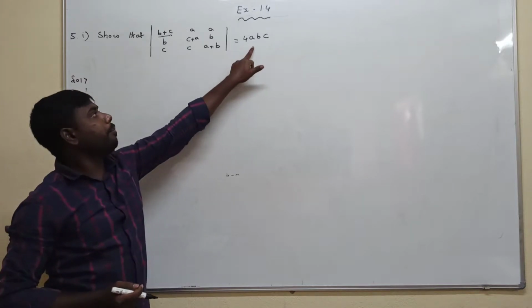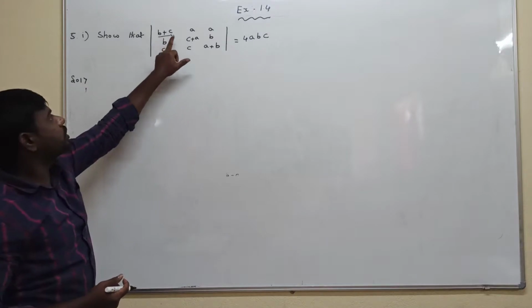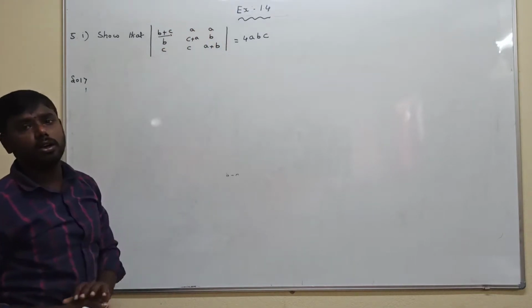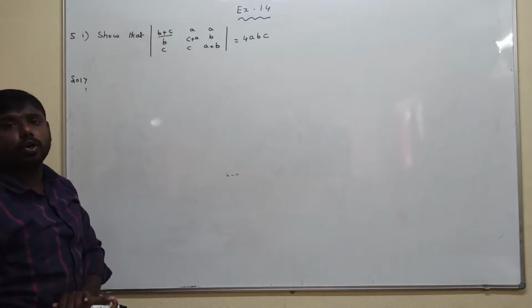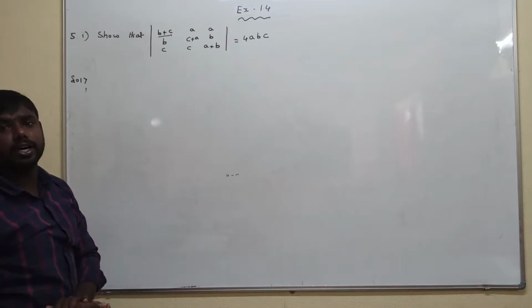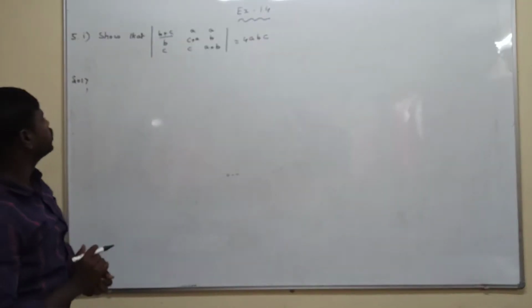Here ABC is a product of single variables. In the first row, single variables are there, but in the first element there is no single variable; there is the sum of two variables. That's why we first have to prove that as a single variable. How to prove that? See the solution.